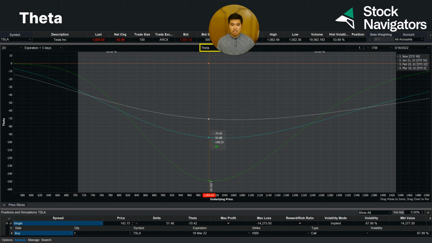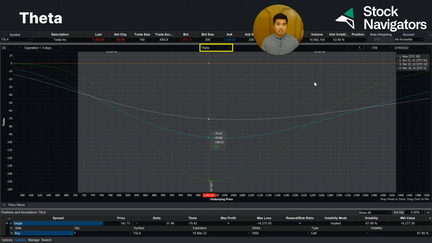On this screen, we will look at the curve that represents the value of the theta at each expiration date as well. Again, the white curve represents the theta as of now, which means on average from now until the end of the month, you may lose about $70 per day.